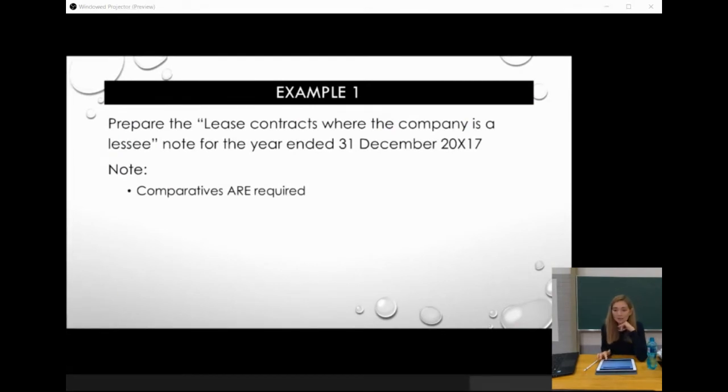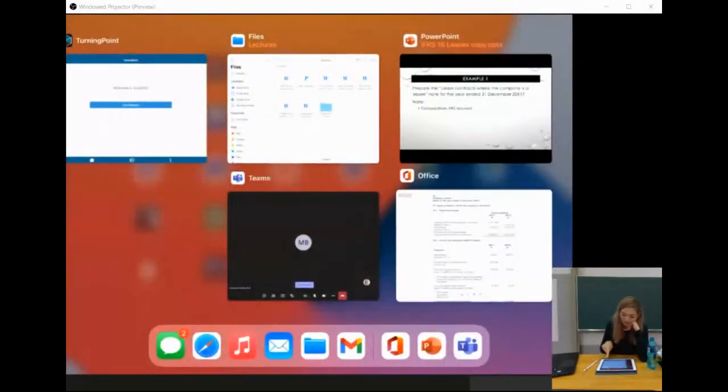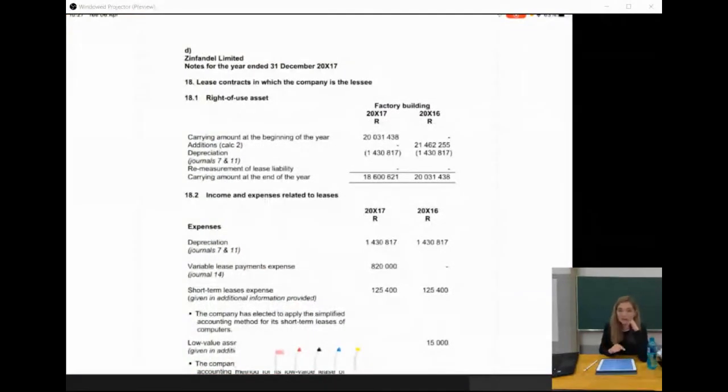Okay, so I'm not going to spend much time on the disclosure. Just go and have a look at those notes. What you'll see is, first of all, our right of use asset is a separate section of the note.